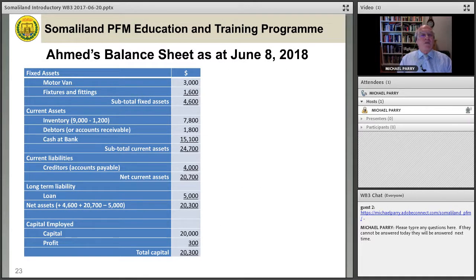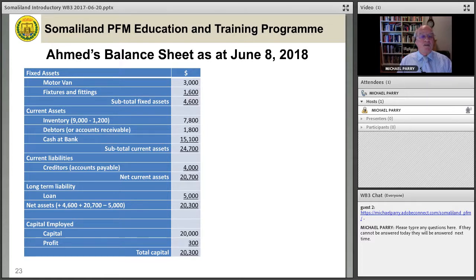And we said we've got a balance sheet, but obviously the way it's presented in that trial balance isn't very suitable for publication. So we reorganized the information into a more conventional format where we show the fixed assets, motor van and fixtures and fittings, the current assets, inventory, debtors and cash at bank.